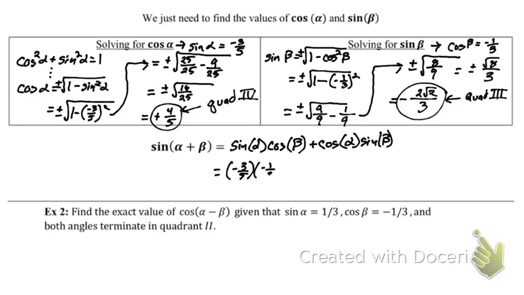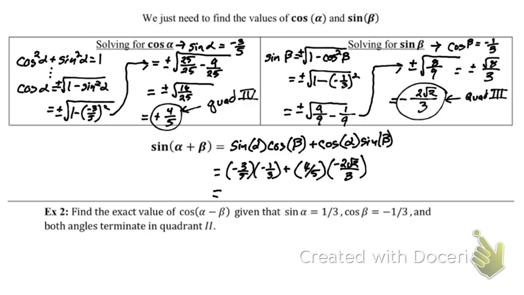Times negative 1/3. From this one, our cosine alpha equals 4 over 5. And our sine is going to be negative 2 square root of 2 over 3.